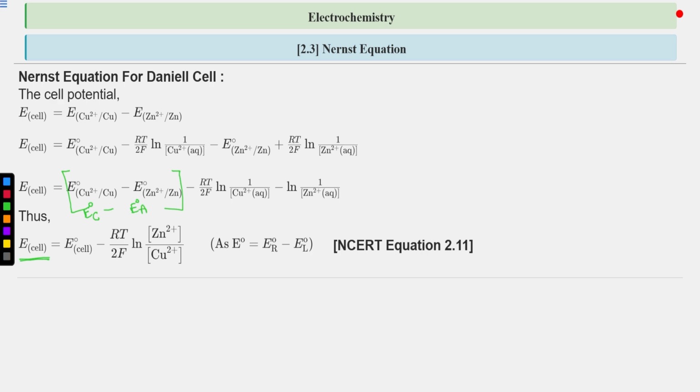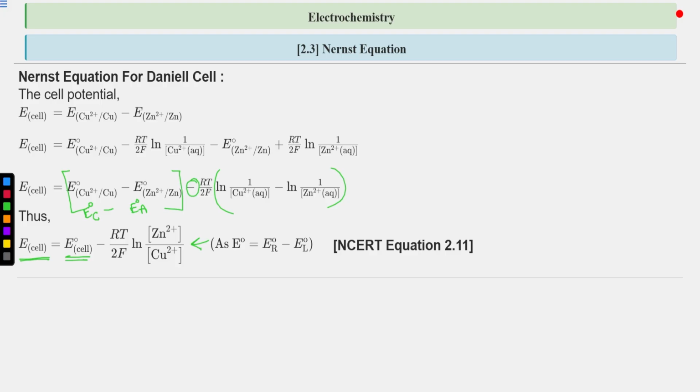We take this E naught of cathode minus E naught of anode as E naught of overall cell. Minus will come because it is in the bracket. So minus of RT by 2F, ln this minus ln this will be ln of this term. This we have derived by using the logarithmic conversion.